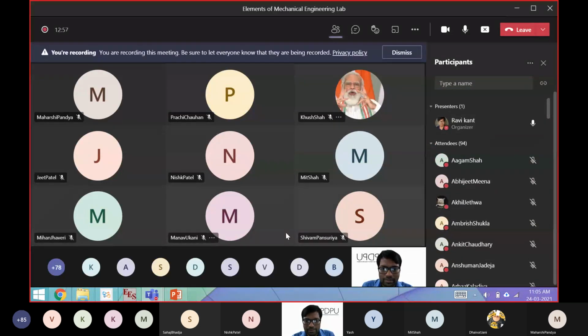So in the last class, I introduced you to the overall structure of the labs and what experiments we are going to do. I know that you are from several other backgrounds, such as computer science, maybe civil.